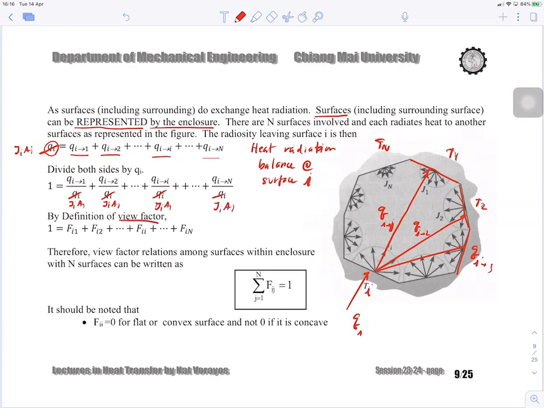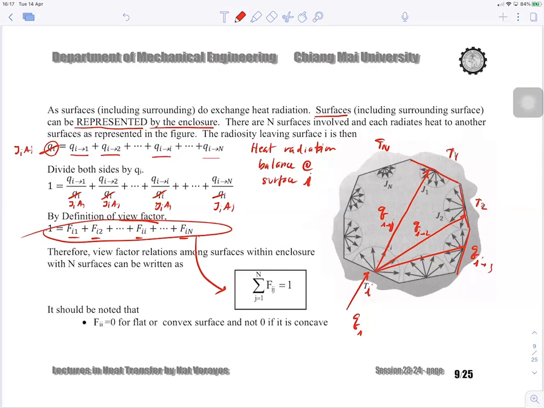By definition of view factor, you're going to have 1 equal to Fi1 plus Fi2, Fi3, to Fii, and also Fin is going to be equal to 1. So in terms of summation, you can rewrite this relation just like that: summation of j equal to 1 to n of Fij is going to be equal to 1.